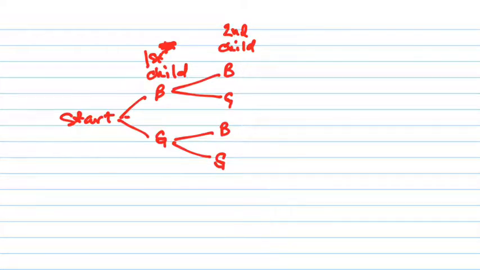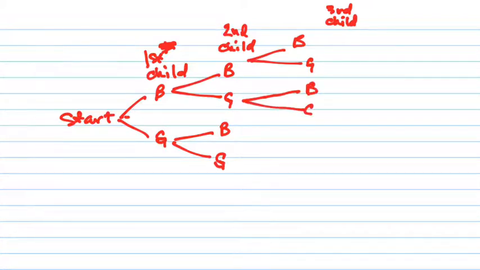Yeah? And then finally, these guys are going to have 3 children, so we need to branch again for our third child. So from there, we can branch to boy, girl. From there, we can branch boy, girl. Same thing here. And same thing here.